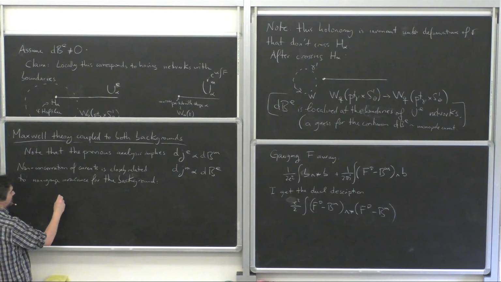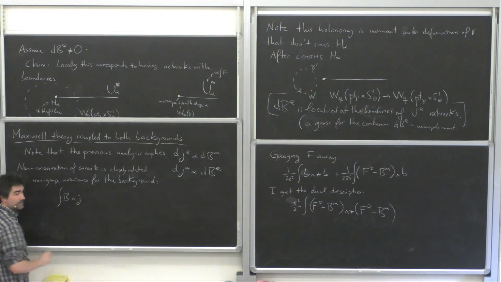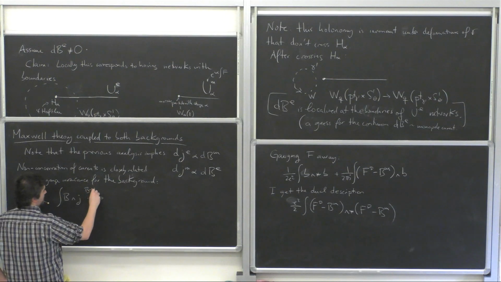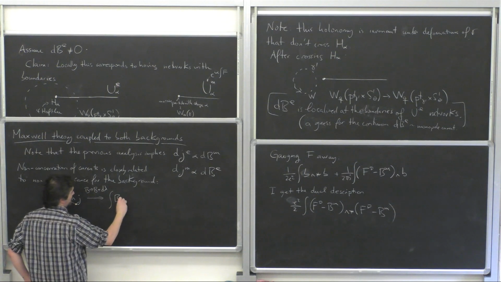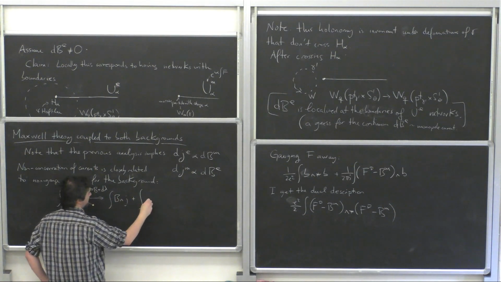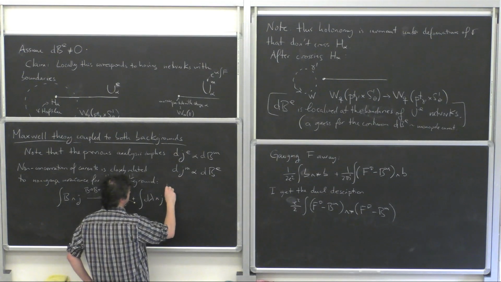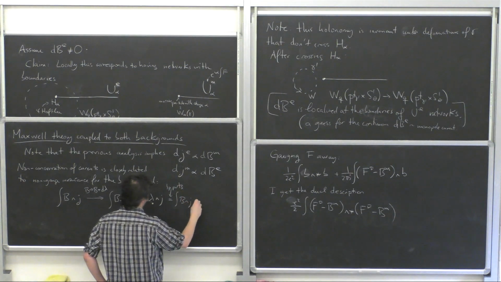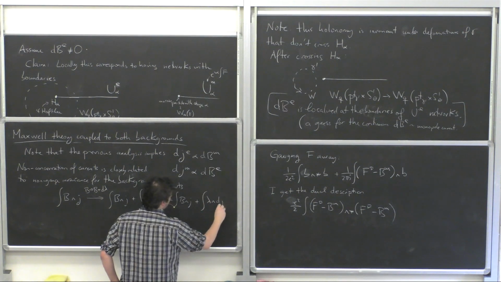If you have a coupling which is the integral of background times current, and you do a gauge transformation for the background, this becomes integral of background wedge current plus integral of d lambda wedge J, and by parts again, this becomes integral of B wedge J plus integral of lambda wedge dJ.